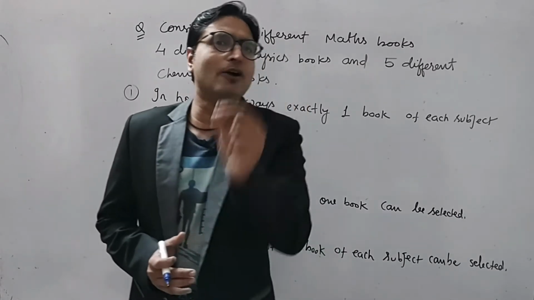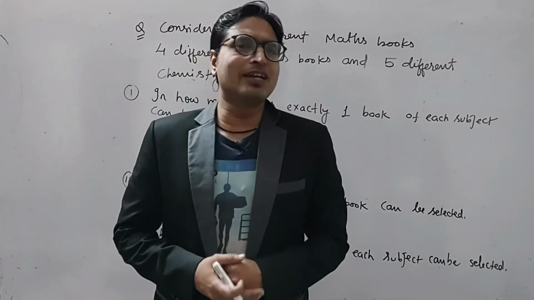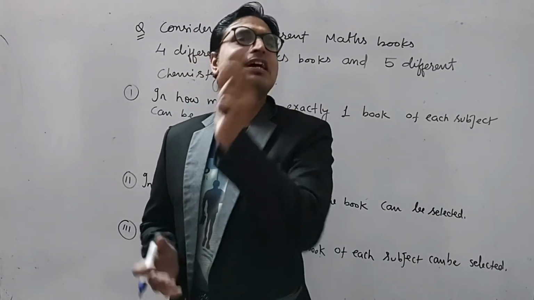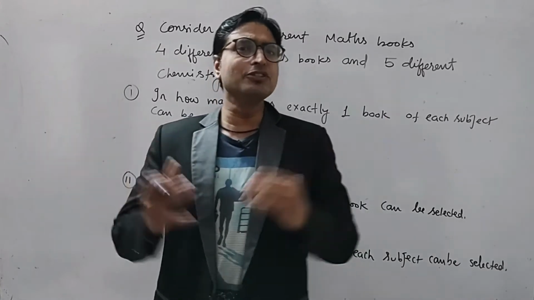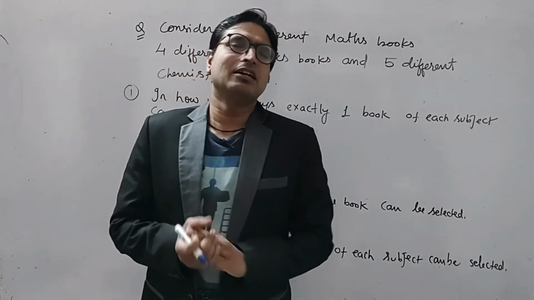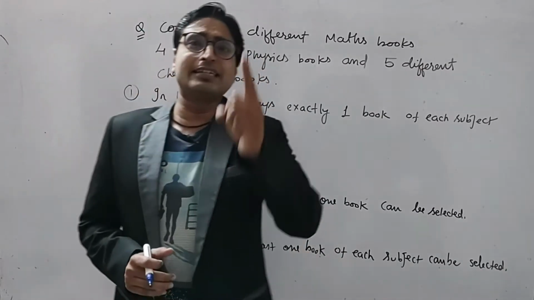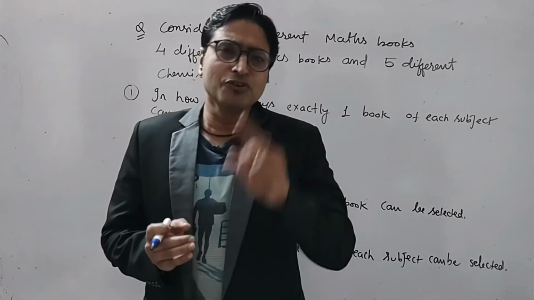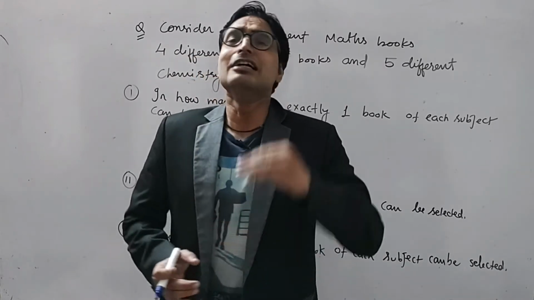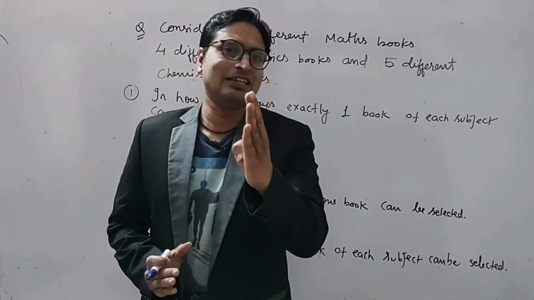Okay, so in how many ways can you select? 4C1 into 5C1, or you can use the multiplication principle, 4 into 5. And I also told you one thing there: if you have to select only one student out of 4 boys and 5 girls, the total number of ways will be 4 plus 5, that is 9.